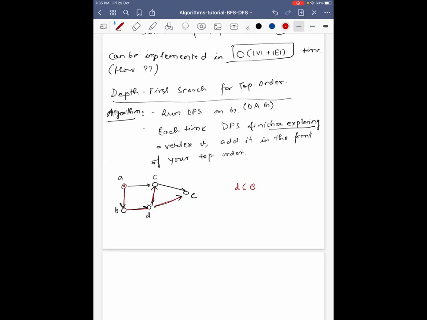Then it's going to backtrack and go back to B. Now again from B, there is nothing more to explore. So it's going to return B and we will prepend it in front of the list.